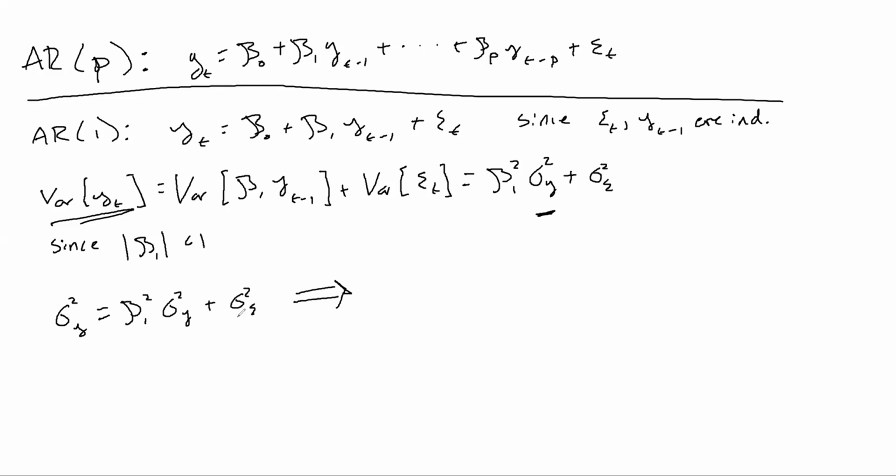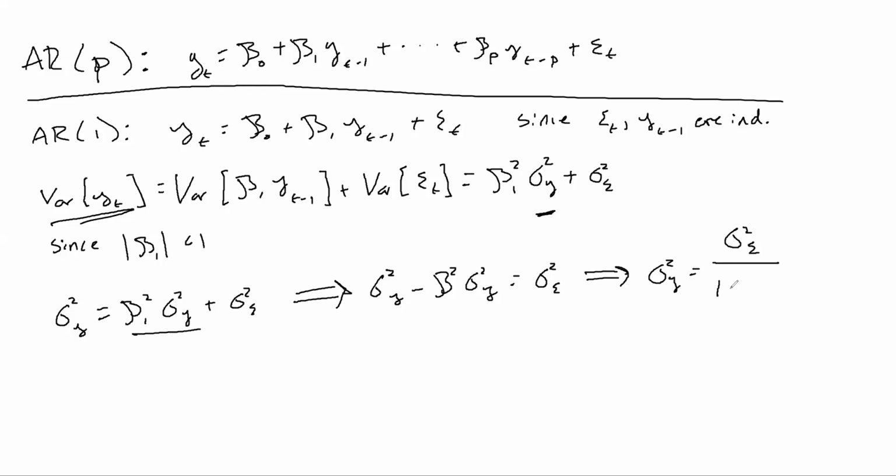We can move this over to the left by subtracting beta 1 squared variance of y from both sides, which would give us this, equal to the variance of our error term. Now we can factor out the variance of y, and the variance of y would then be equal to the variance of our error divided by 1 minus beta squared. Remember, this is beta 1.